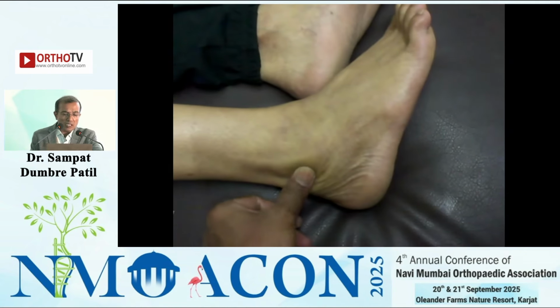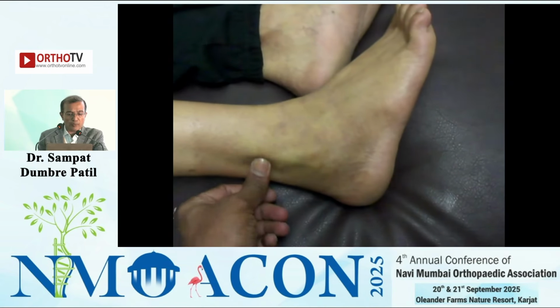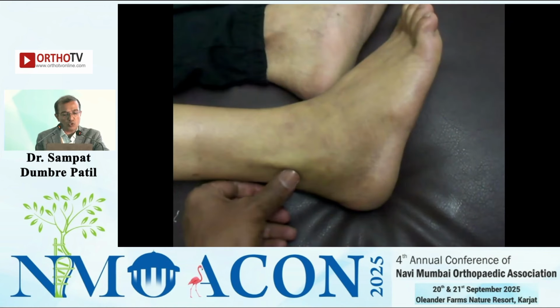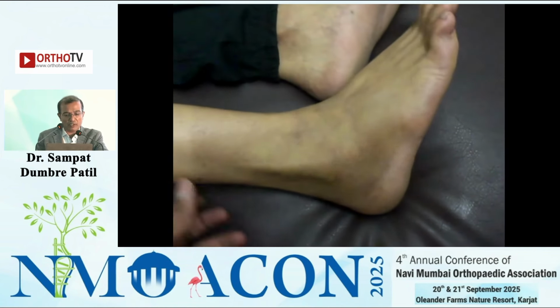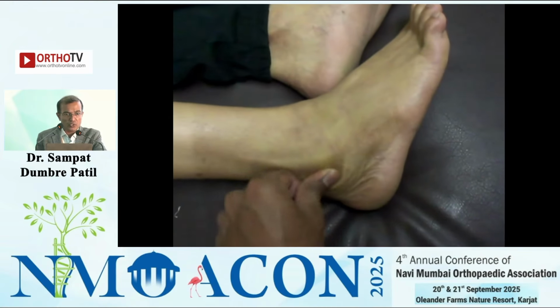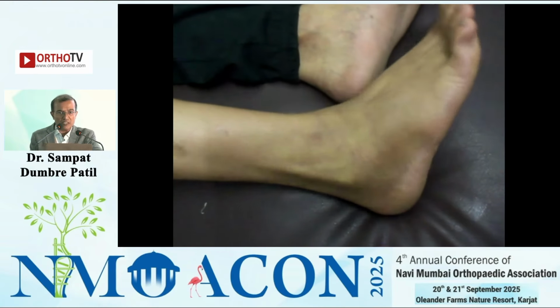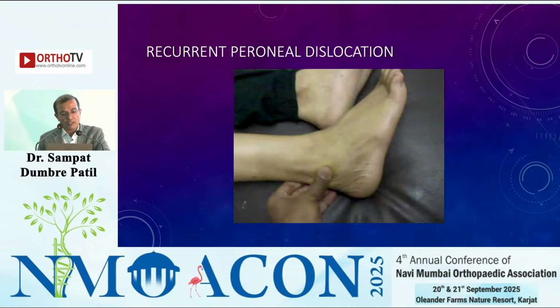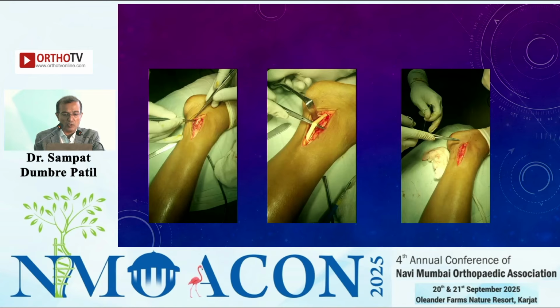Now another component of ankle sprain is the avulsion of the superficial peroneal retinaculum, which causes recurrent peroneal dislocation. So in the first go, if you miss this particular part, then you may land up in recurrent peroneal dislocation. So avulsion of the sleeve of the peroneal retinaculum also should be looked for.